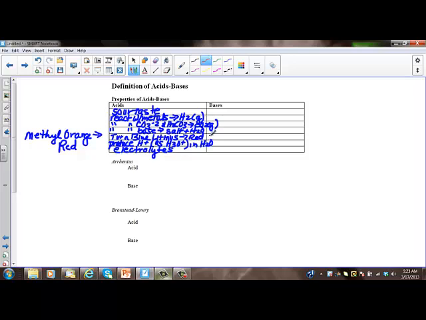Let's look at bases. Bases have a bitter taste. They are sometimes characterized as slippery or soapy, meaning that slick feeling. They produce OH minus in water.